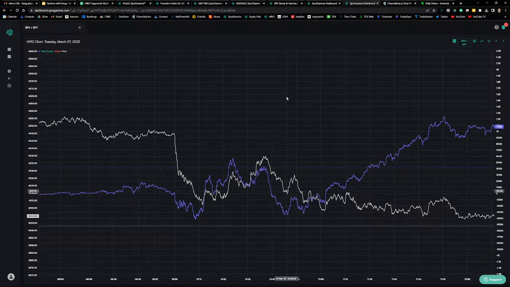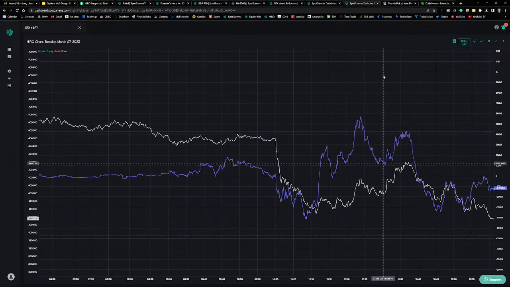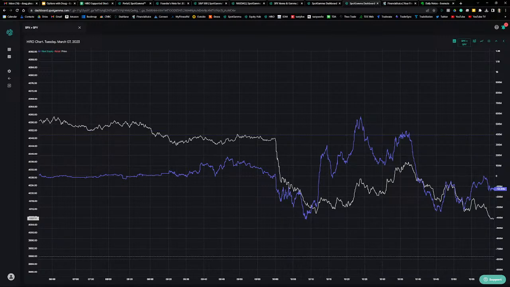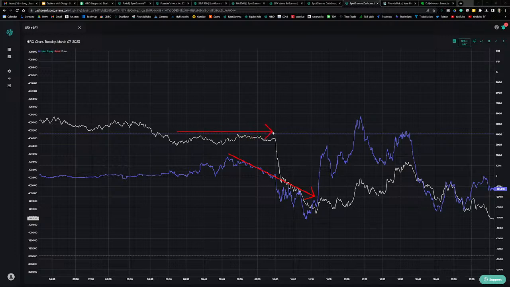Let's take a closer look, first of all, at the morning. Notice the somewhat of a divergence here in the morning. Starting about 9:45, traders started taking negative delta positions, and meanwhile price was remaining flat in a narrow range.